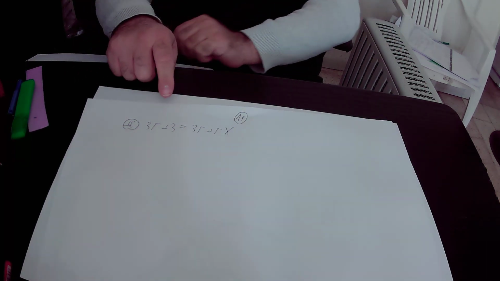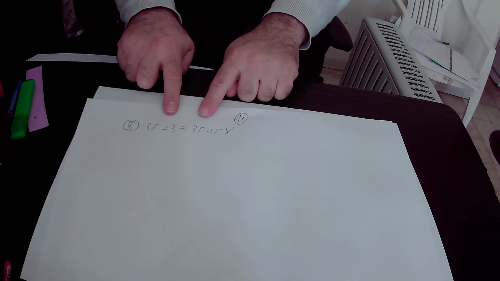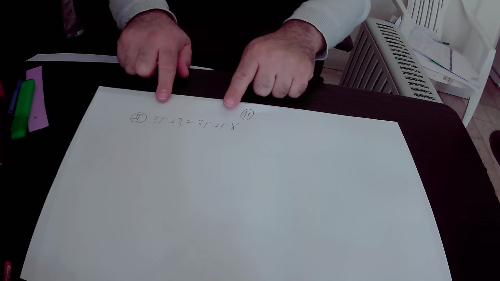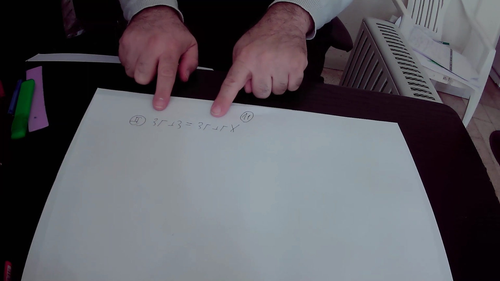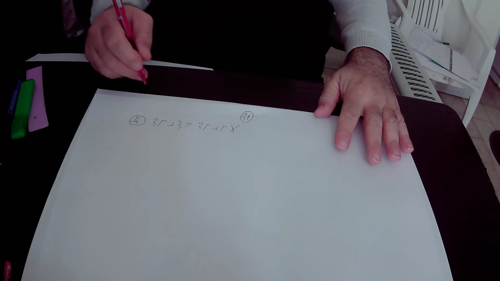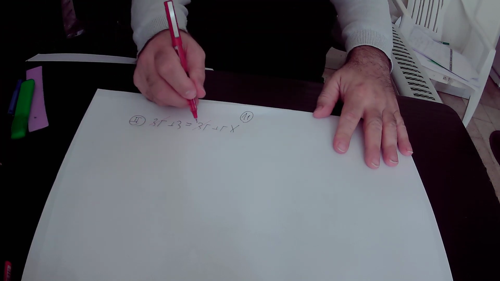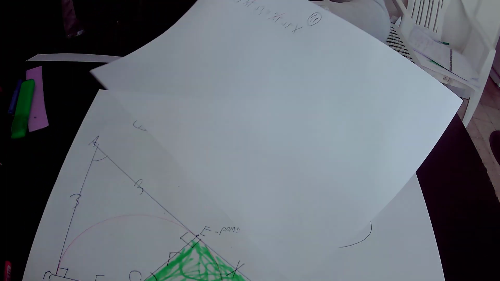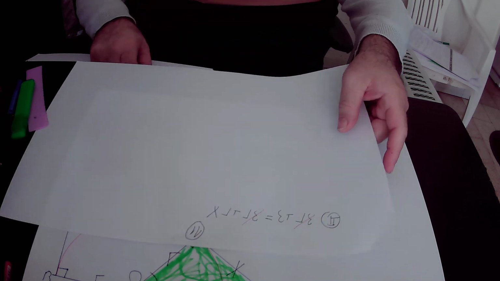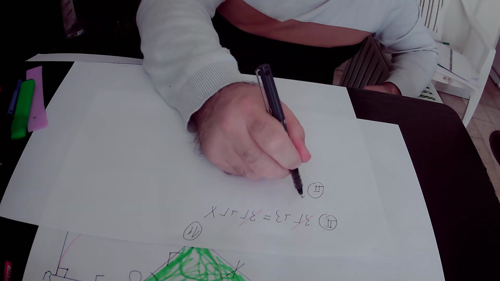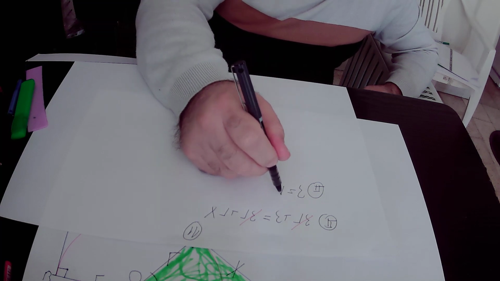So here we have 3R on both sides of the equation, so we will subtract 3R, and 3R will get cancelled. What is left is 3 equals R times x.